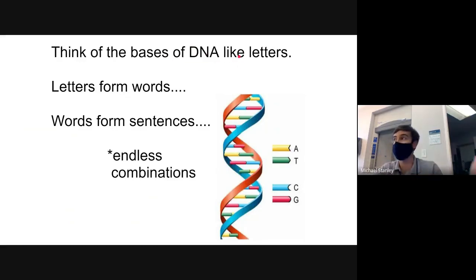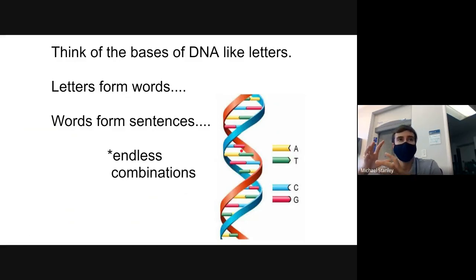So everything on Earth that's alive uses these 4 letters in order to determine what sort of cells it has, what sort of body structure and body shape it's going to have, what are the different processes that can happen inside of the cells. That's all based on DNA that's been built out of these 4 bases right here.